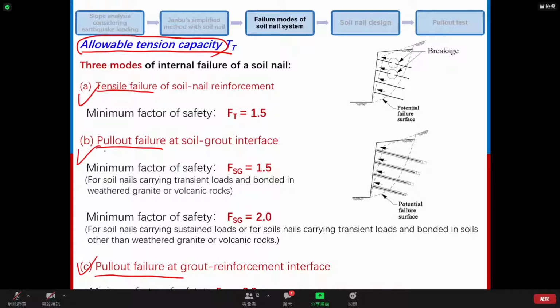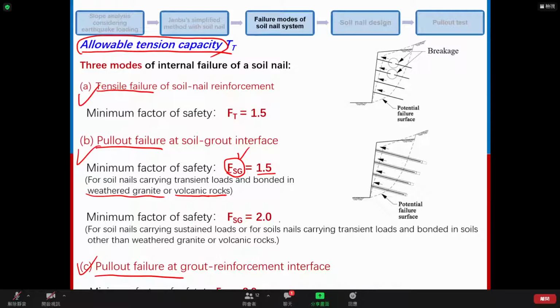And for the second type, the FOS value is based on where the soil nail is bonded in. If the soil nail is bonded in weathered granite or even volcanic rocks, which means the bonded material is quite stiff and the quality is quite high, then this factor of safety can be a little bit smaller, equal to 1.5.